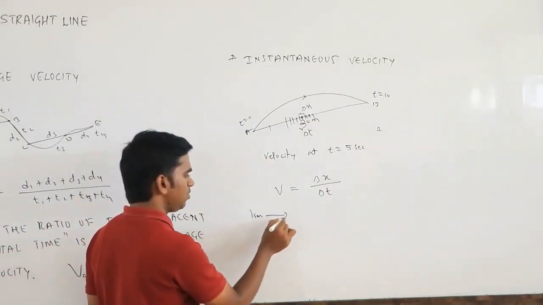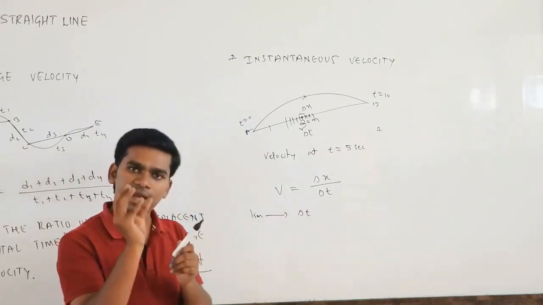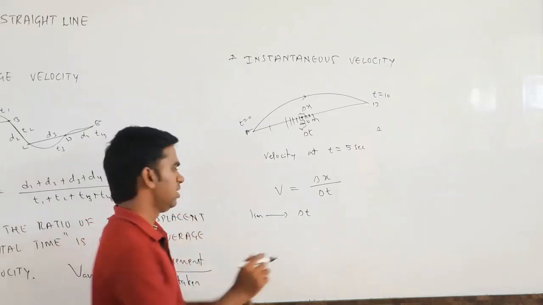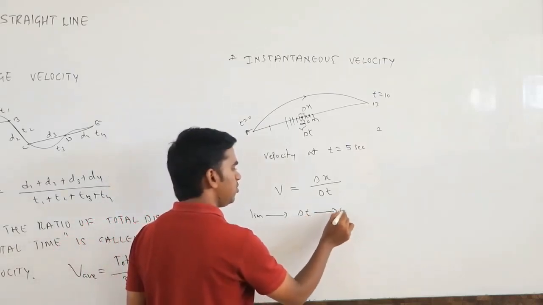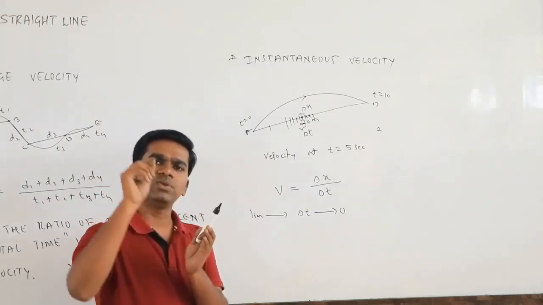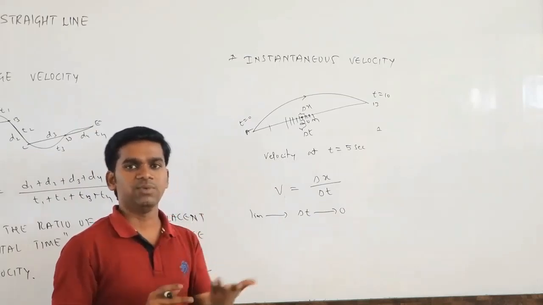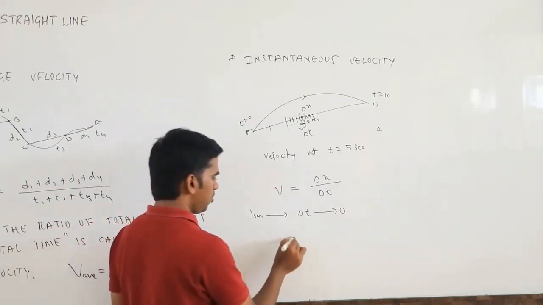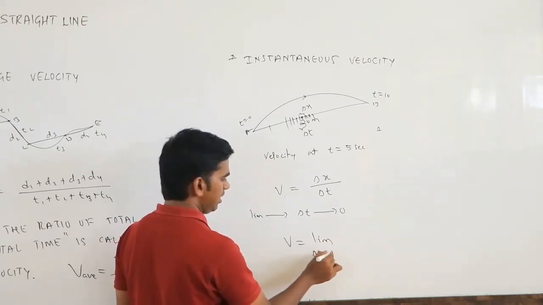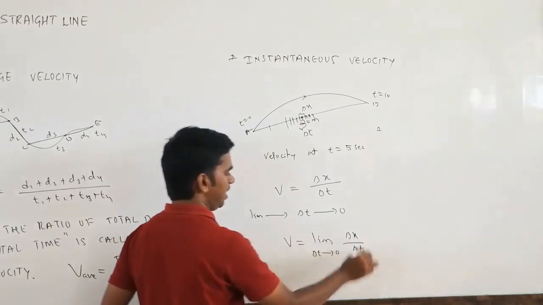The time is tending to become 0. Delta t is very close to 0, like 0.0001 second. How much displacement is covered, that we want. So the limit is delta t tends to 0, delta x divided by delta t.